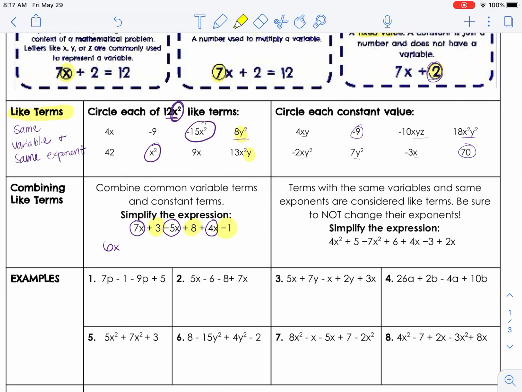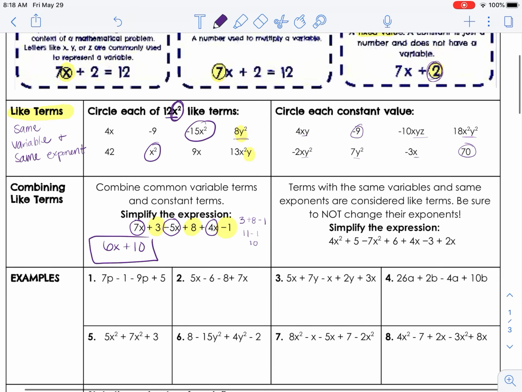So I can again combine those. So that's just like adding. So that's like saying 3 plus 8 minus 1. So if I do that, I get 3 plus 8 is 11, minus 1 is 10. So my constant term is going to be positive 10. And that is a simplified version of that expression.